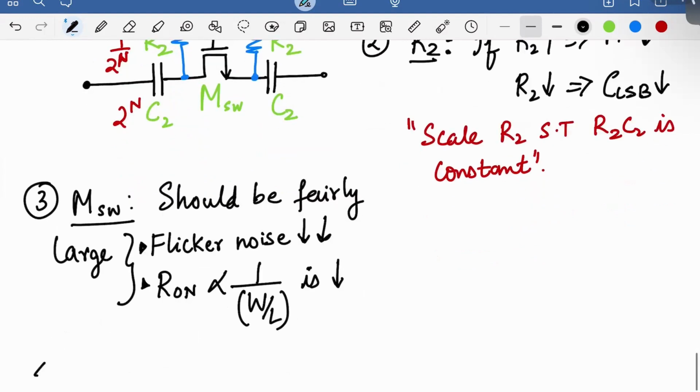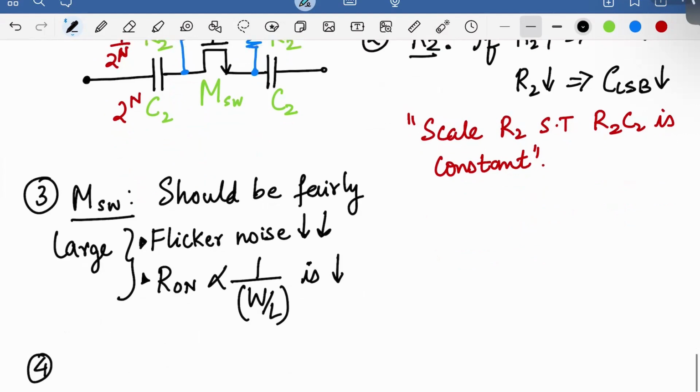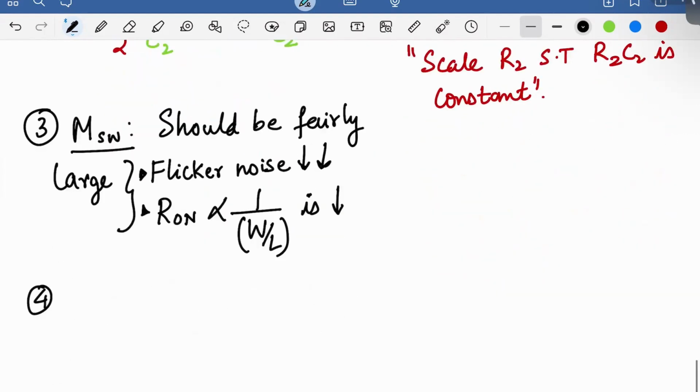And the last one is the fourth one, which is the switch inverter. So inverter design is fairly standard, I would say. I'm not going to discuss it here. If you've done it before, then it's good, but there are some margins and all, the positive, negative margins, regeneration, inverters, all of that stuff. If you've seen it before, it's good. But just to keep it simple, I'll just say that the width of the PMOS to the NMOS should be approximately 1.5.